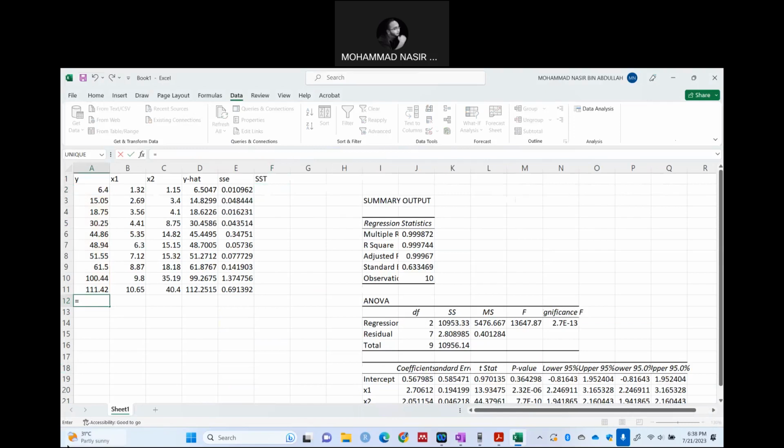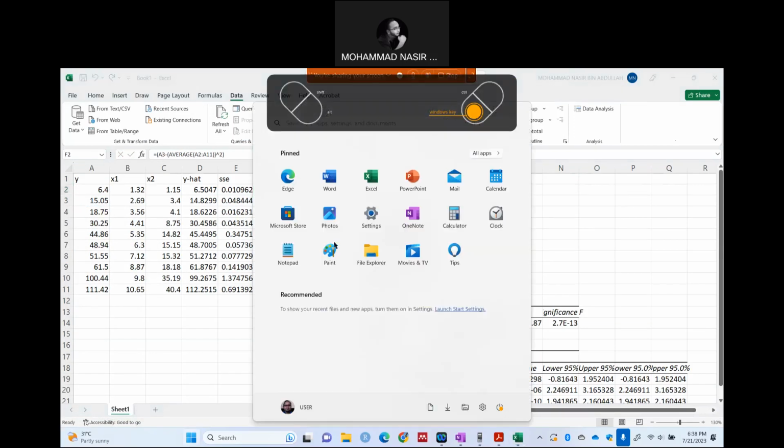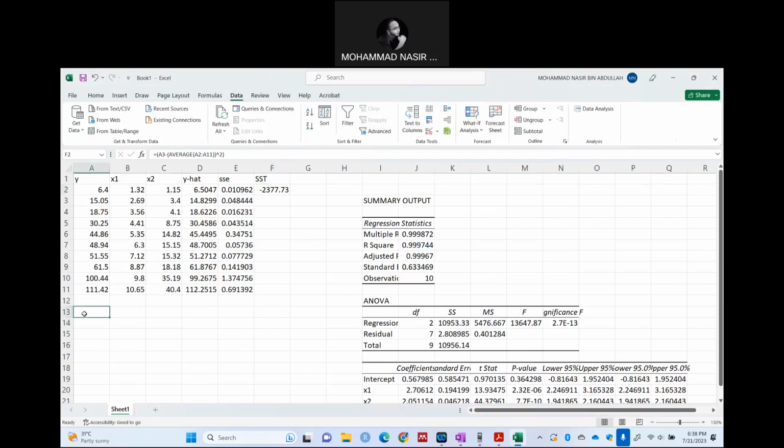It's not mean, it should be average, right? Wait, is that formula correct? It seems not correct.